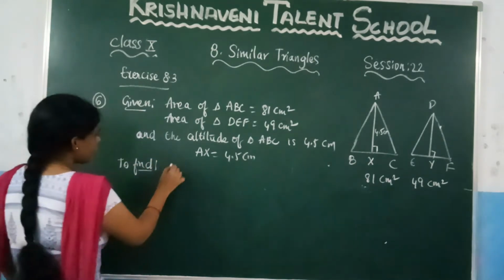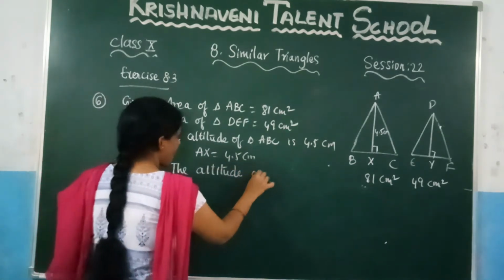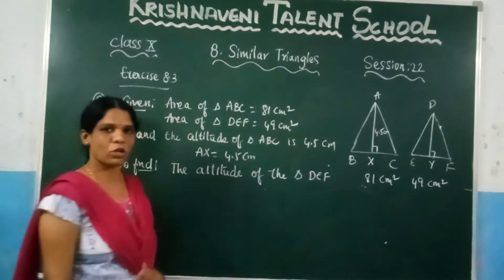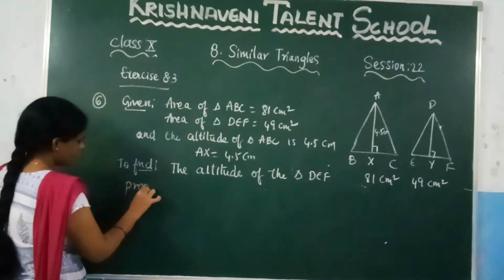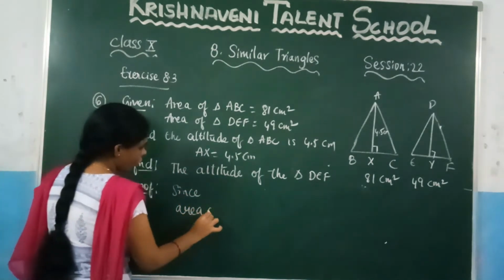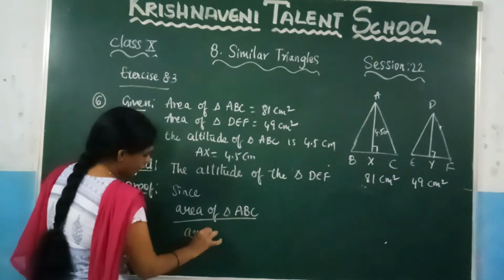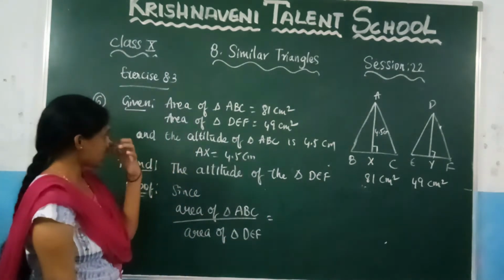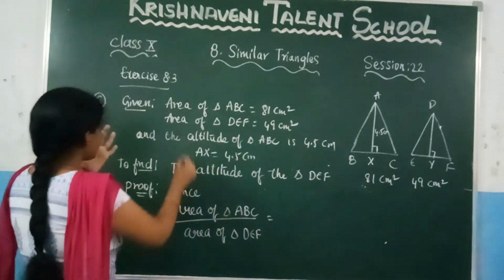What we need to find? The altitude of the triangle DEF. That means you need to find the length of DY. So let us go for the proof now. Since the question itself says these two triangles are similar, I forgot to write it here, so I will write it here.